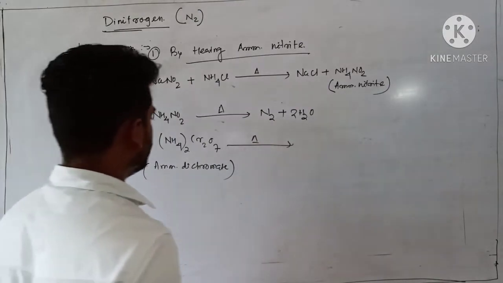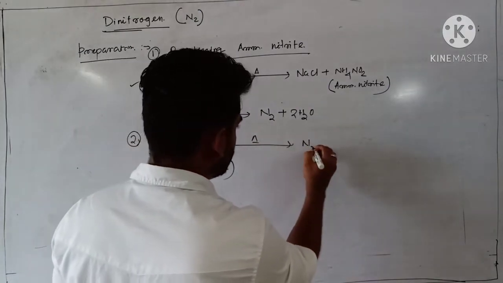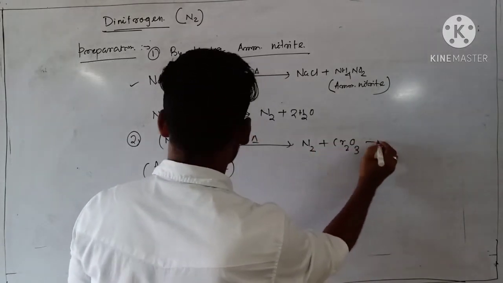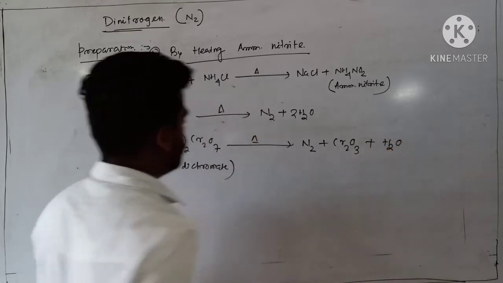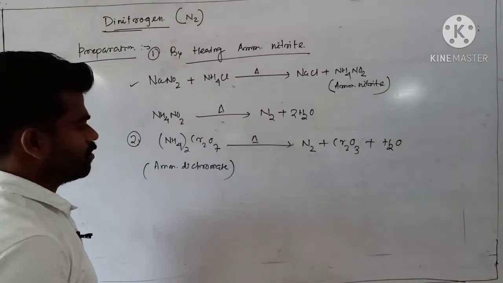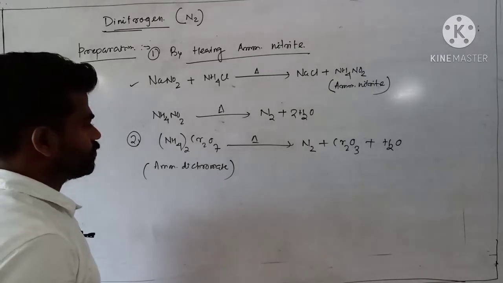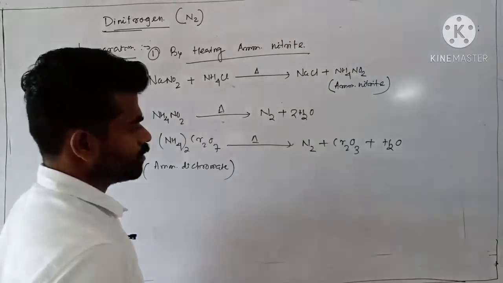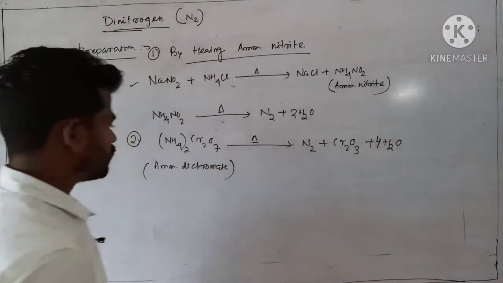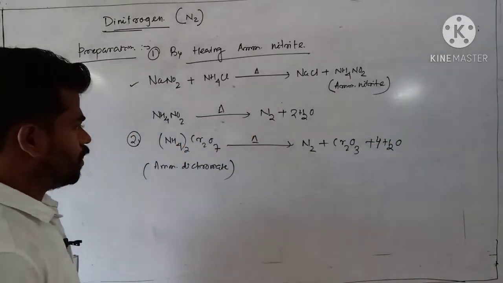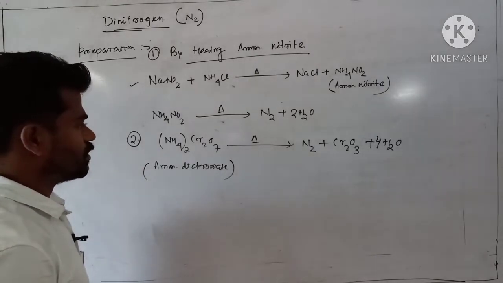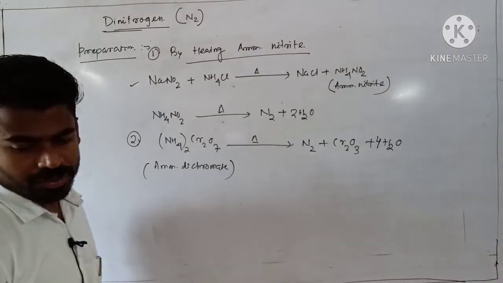When subjected to heating, dinitrogen is obtained plus Cr2O3 plus H2O. If you balance this equation, there will be 4H2O, and Cr2 with 7 oxygen. So this is the required equation.